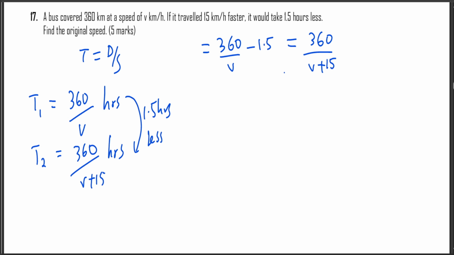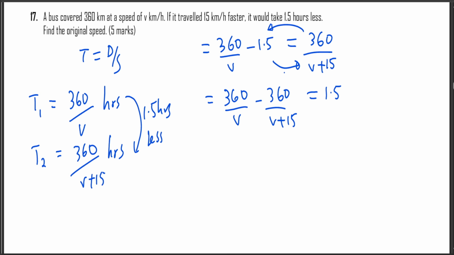Now the next step is quite easy. We multiply by the LCM of these. But let me bring this to this side and this one to this side, so that it becomes easy. So you get 360 over v minus 360 over v plus 15 is equal to positive 1.5.